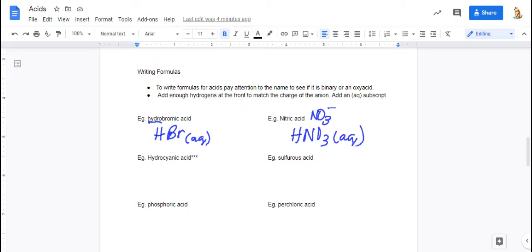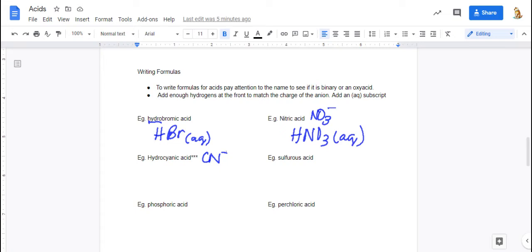Hydrocyanic acid. So this contains the cyanide ion. And it's got 3 stars about it just because it's a little bit different for the naming rules. Hydrocyanic acid follows the rules of the binary acids because it also ends in IDE, like hydrobromide.